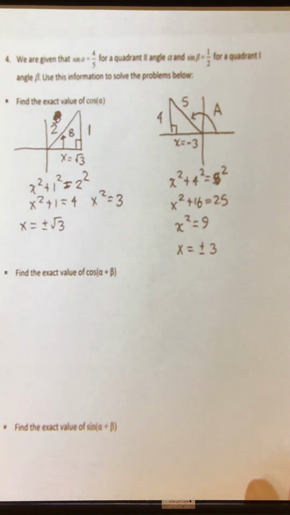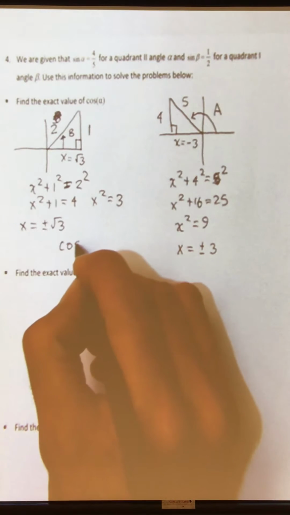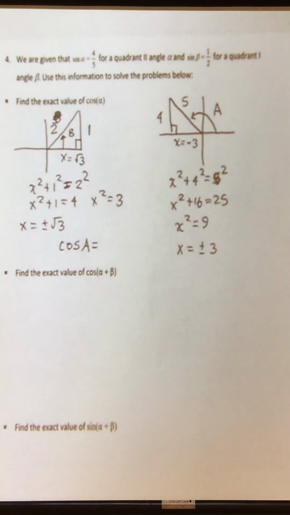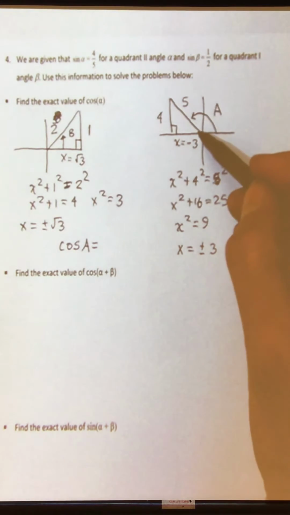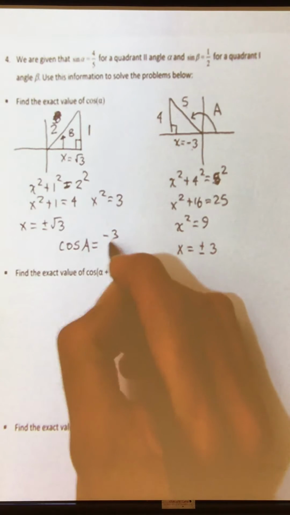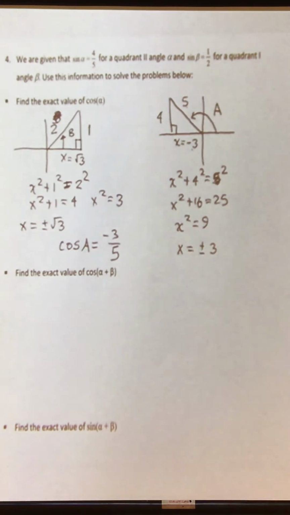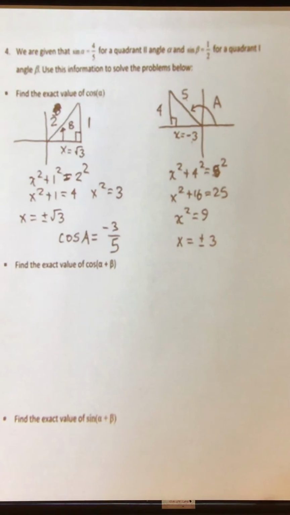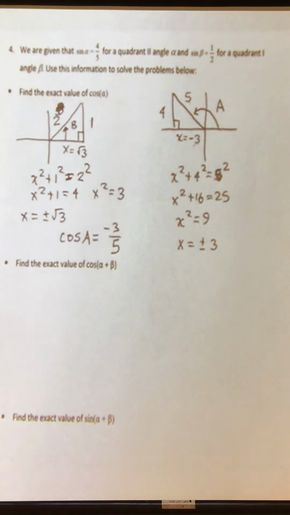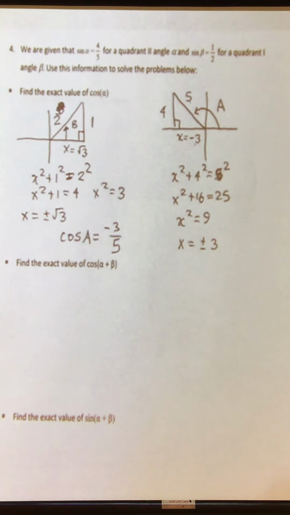All we need to find for the first part is the cosine of angle A. And that is easy now that we have all the lengths of the sides of the triangle known. Go to angle A, and the cosine is the adjacent -3 divided by the hypotenuse 5. And that's how I like to do it, by drawing pictures and completing the acute right triangle, much easier to see what you're doing that way.